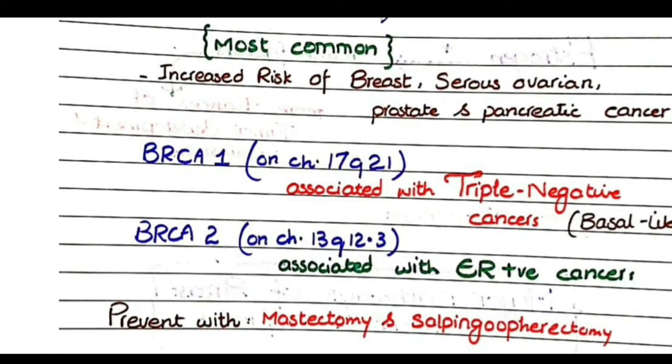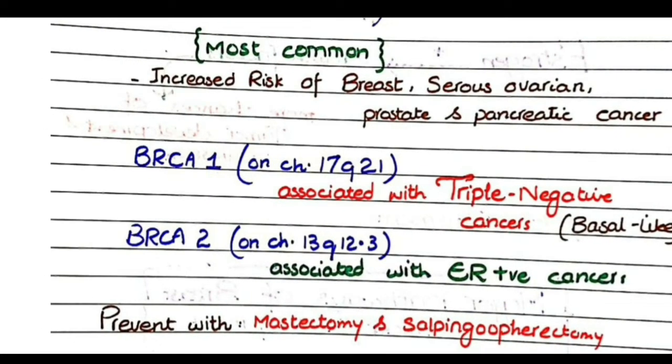Remember all these points. Now, if a person is born with one defective allele of BRCA1 or BRCA2, then we know that that person will be at increased risk of breast cancer. To actually undergo breast cancer, we need two defective copies of the alleles. But if a person is born with only one defective allele, then even though there will be no breast cancer, the person will be at increased risk of breast cancer.